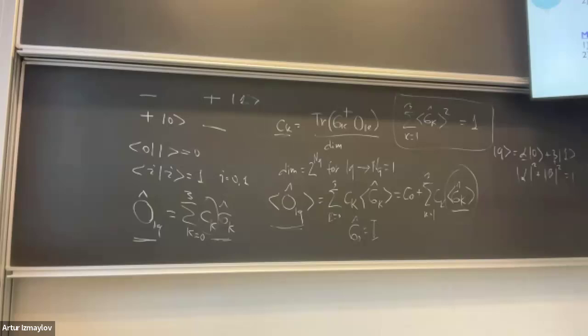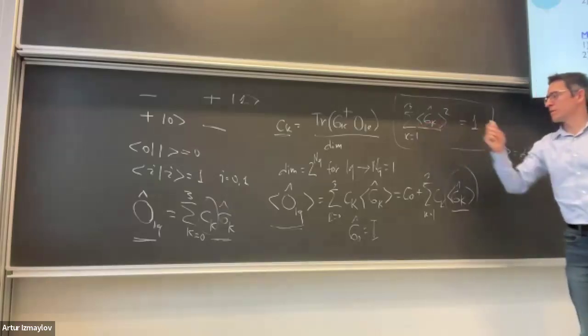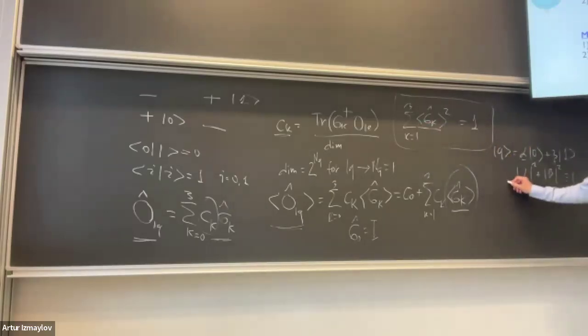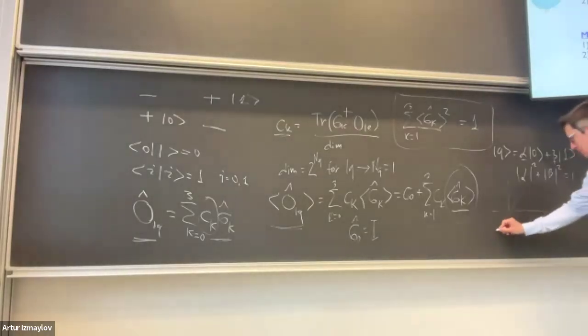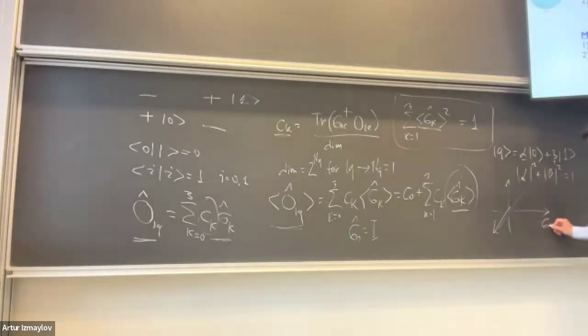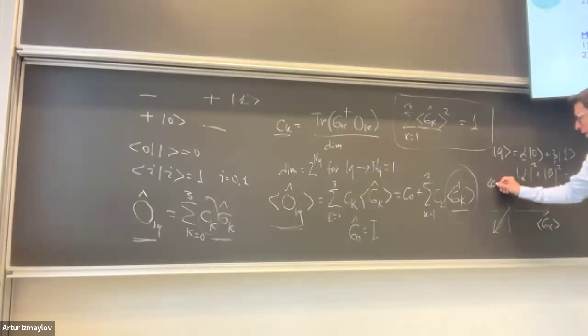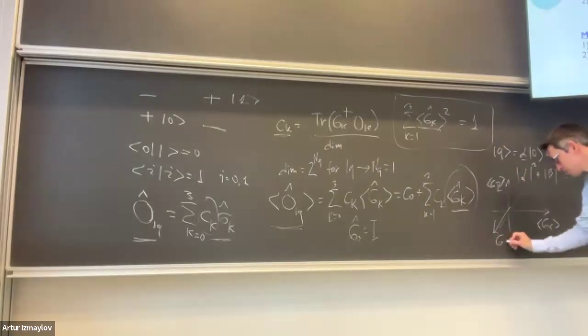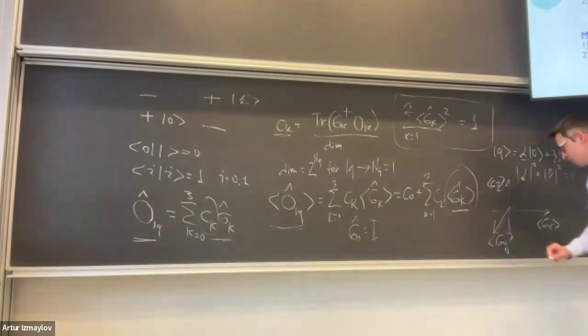That tells us that, since these quantities represent the state of the qubit, we could represent it as a unit vector in 3D space, where each coordinate is the sigma x expectation value, the sigma y expectation value, and the sigma z expectation value.